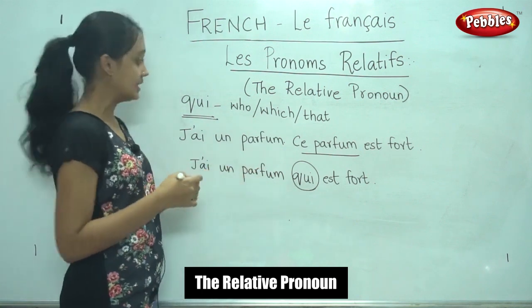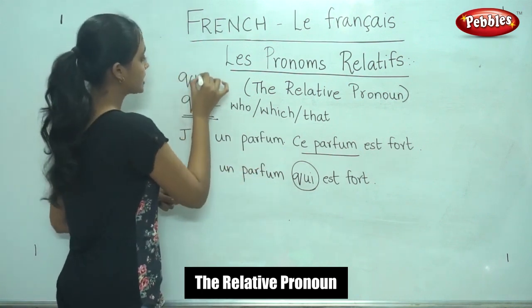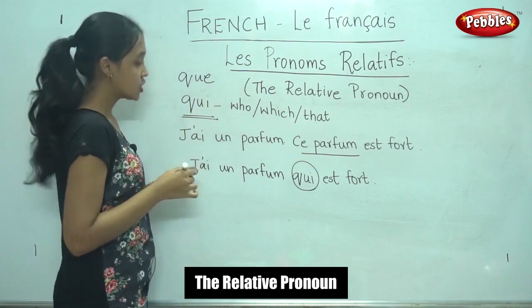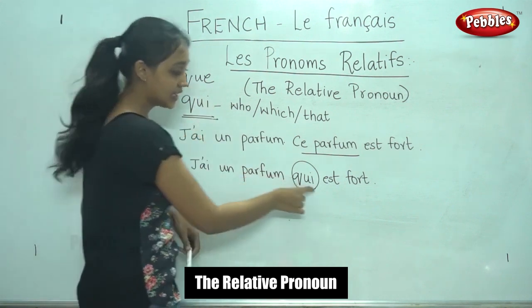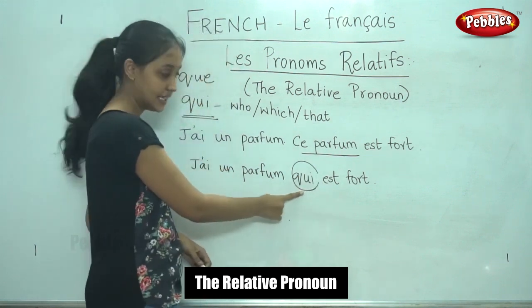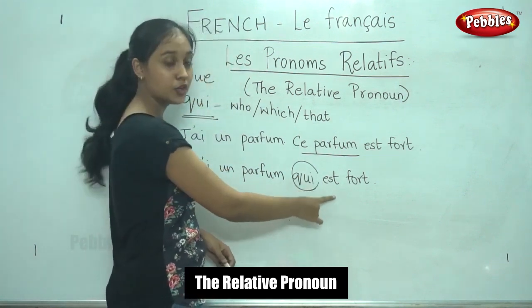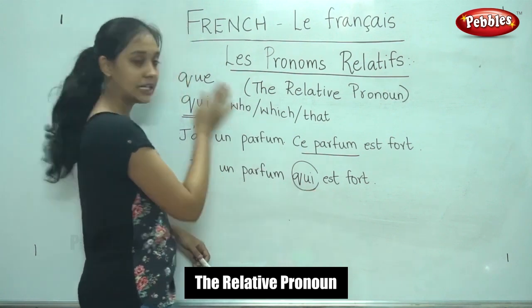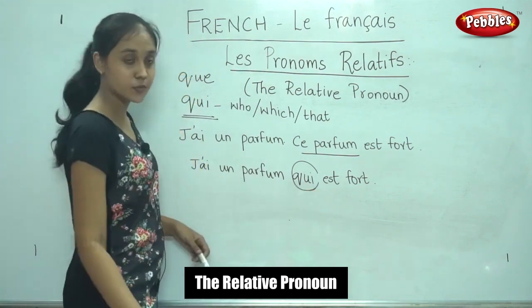Next, we are going to learn another relative pronoun, which is que. So now you have to notice here, qui comes before a verb. So qui always comes before a verb. So are you ready to learn the next relative pronoun?